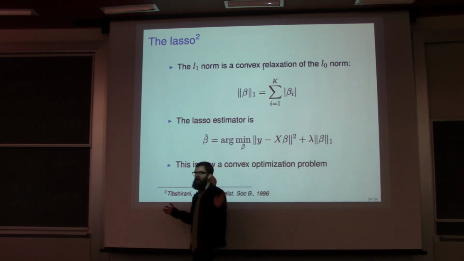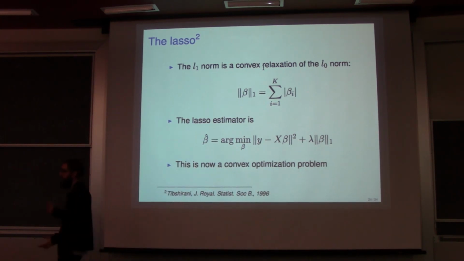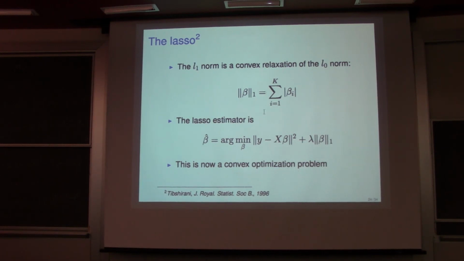I get a convex function optimization problem, and I can do this computationally efficiently. And so this makes sparsity a manageable deal. And so this paper by Tibshirani and others in '96 introduced this lasso concept.